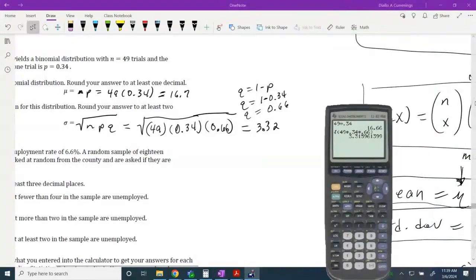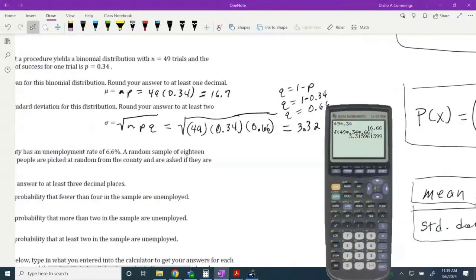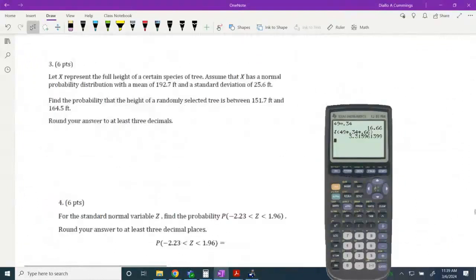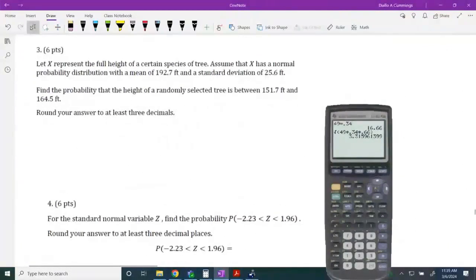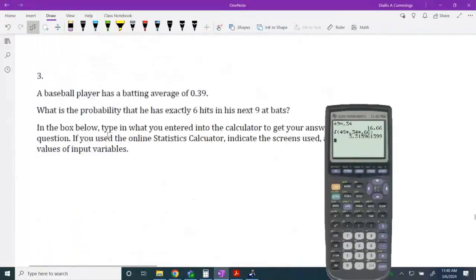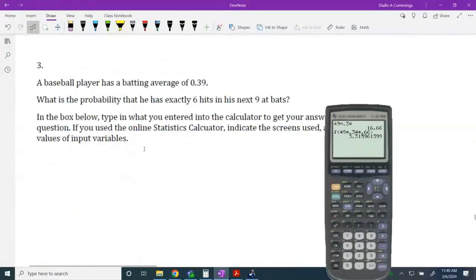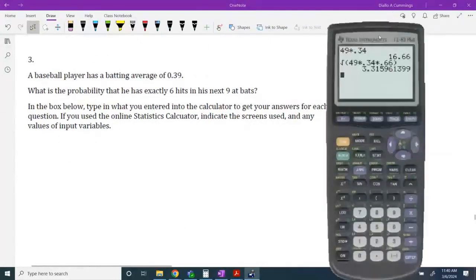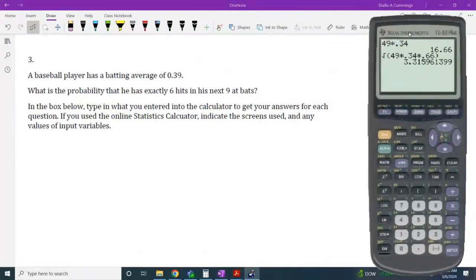All right, now we're going to take a look at problem number 3, and this is still on that first handout. Let me make sure that's the right problem. Problem number 3 is right here, on part 1.